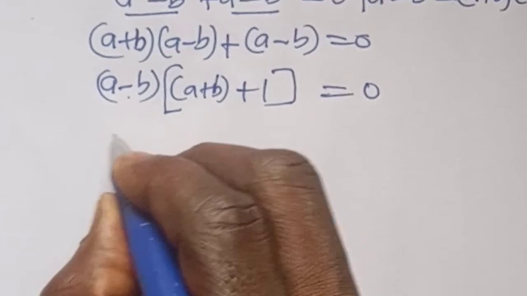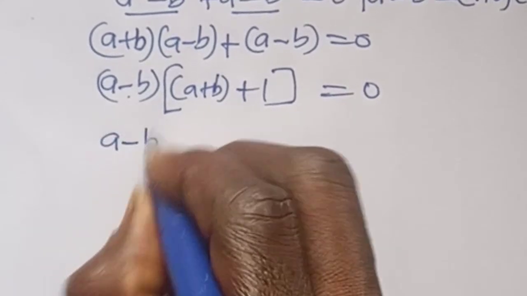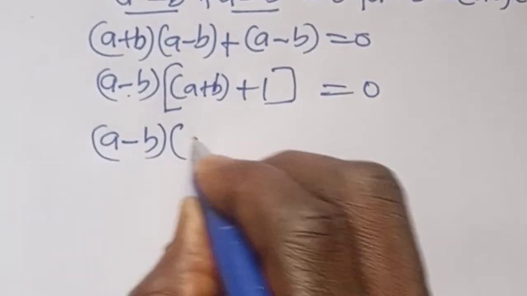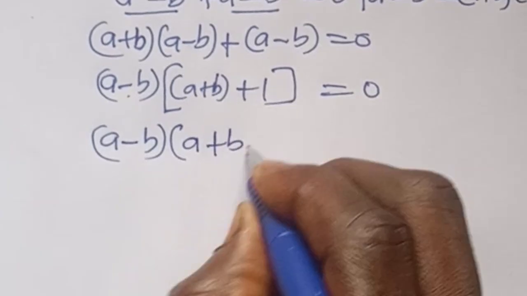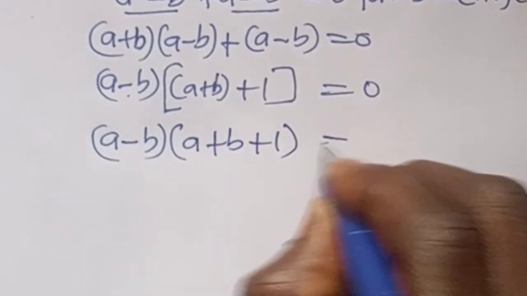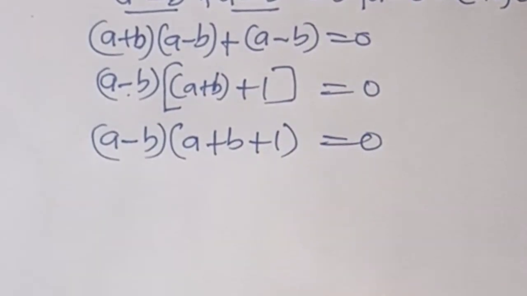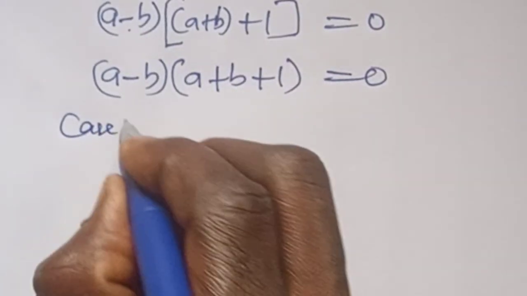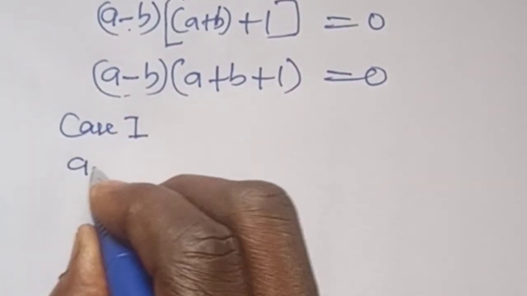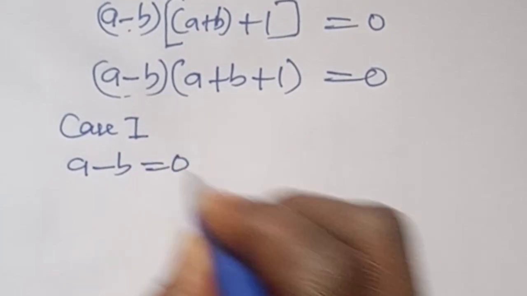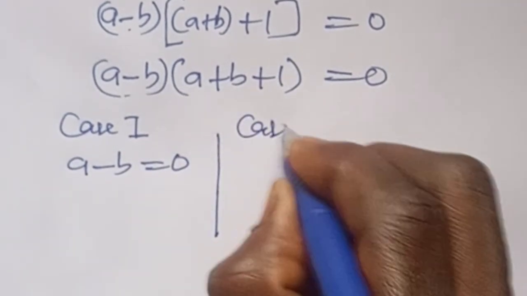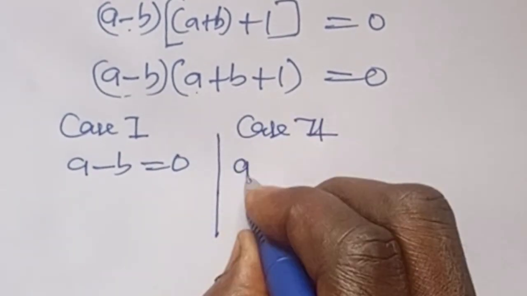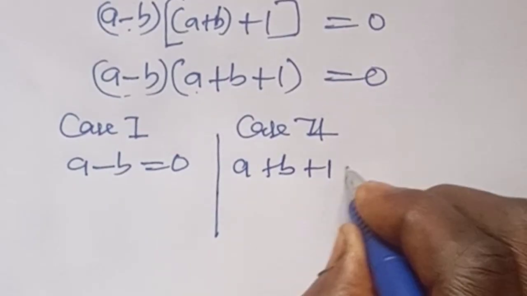If you open up the bracket, we have a minus b, and here a plus b plus 1 equals 0. And this leaves us with two cases. Case 1, a minus b equals 0, or case 2, a plus b plus 1 equals 0.